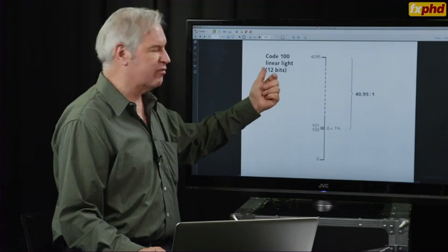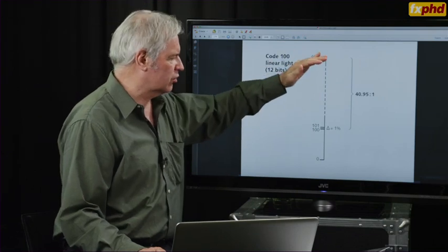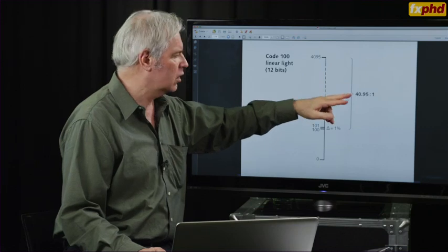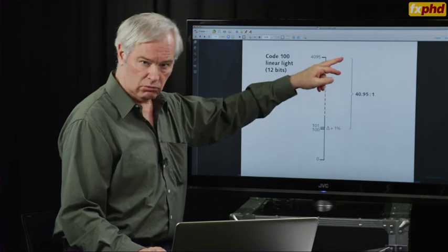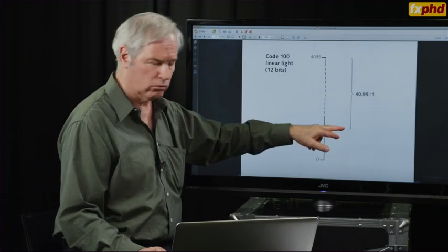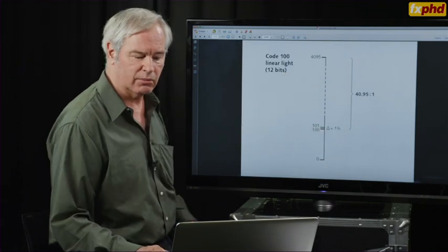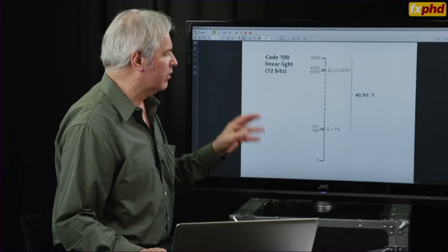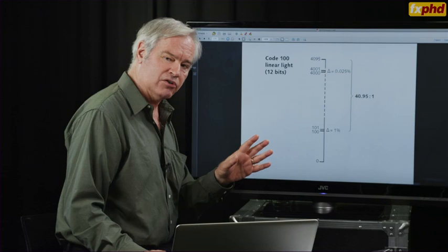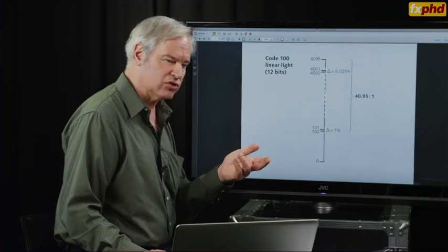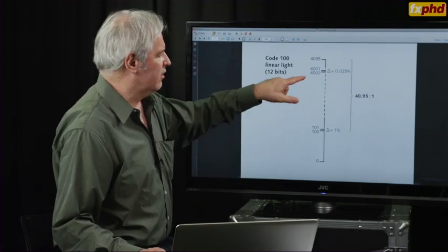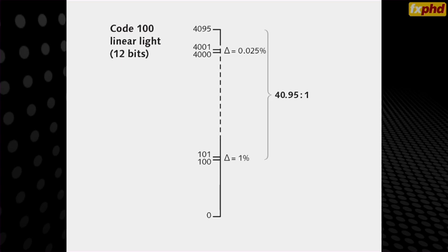But going to 12 bits instead of 8 has pushed those problems to such a low level of gray, roughly a contrast ratio of 40:1, that you tend not to be able to see it. However, now we've introduced a very serious problem in terms of the efficiency of that coding. If you think of the jump from 4000 to 4001, the next available code, that's only 0.40%.